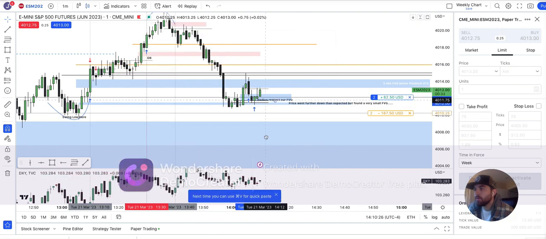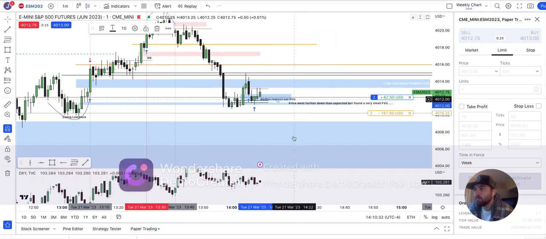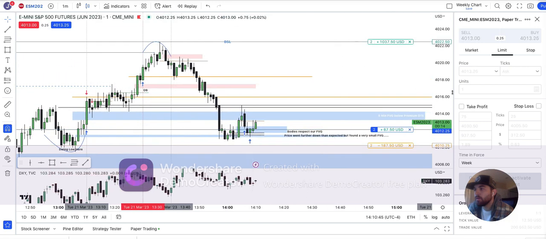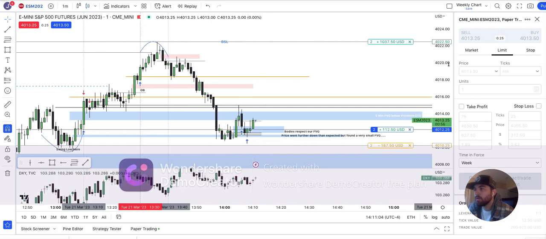Liking price right now. It wants to move out, and the bodies, yeah, they're respecting the fair value gap. Now we want price to leave the zone. We want it to get through this blue fair value gap it is in right now.